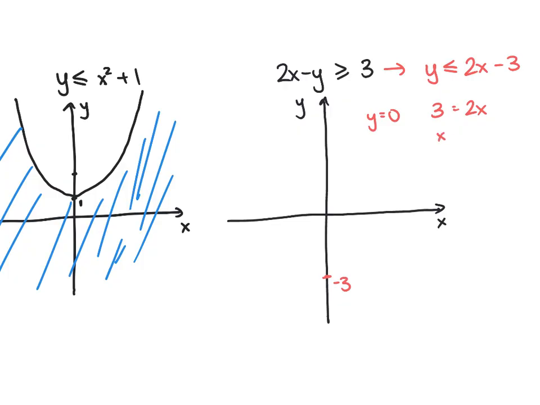So that x value would be 3/2. So I can draw a line diagonally here.